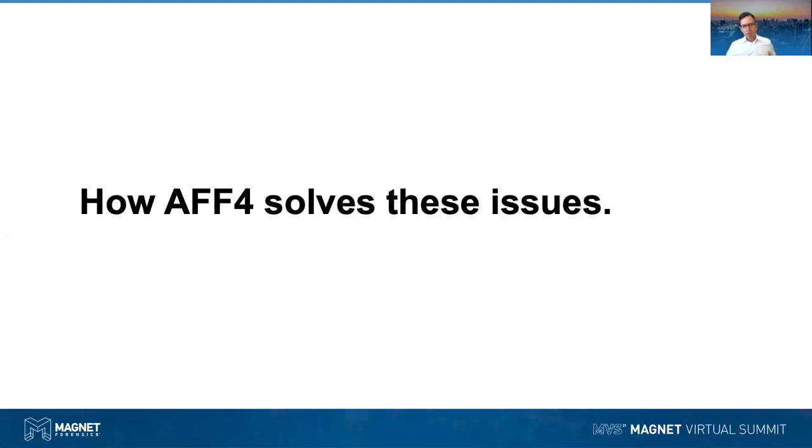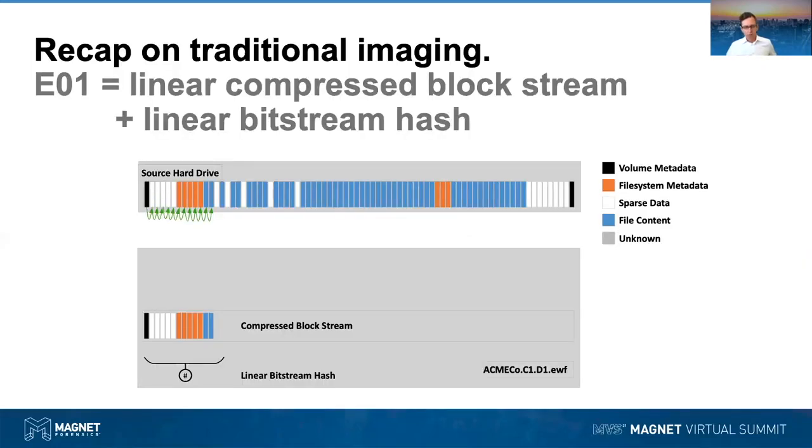So a lot of the reasons that I've just covered were either anticipated or motivating the AFF4 research. What I'm going to describe now is how AFF4 solves these. Before I do that, though, what I wanted to do is just recap again on what a traditional forensic image actually is.